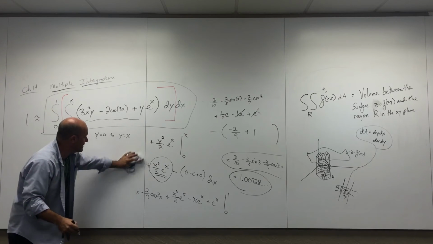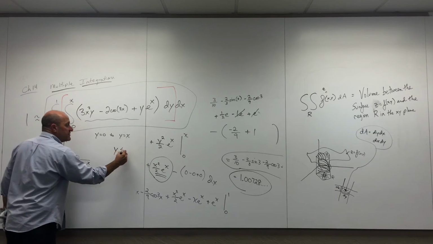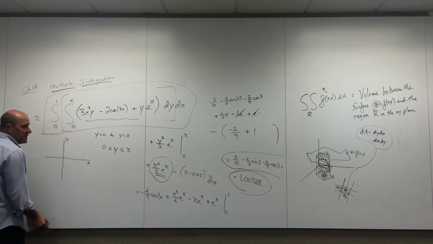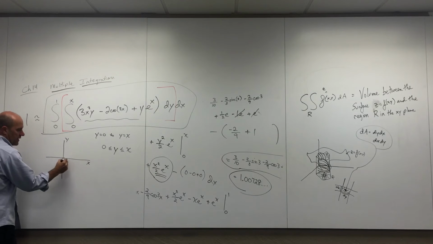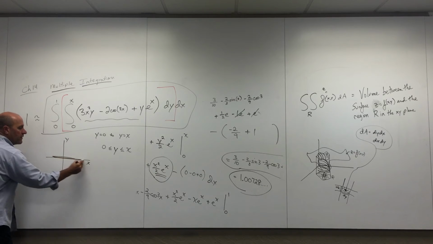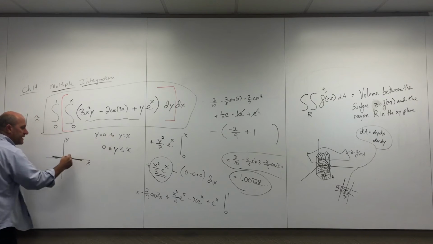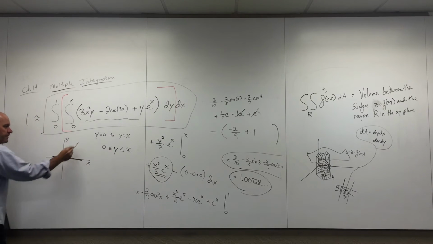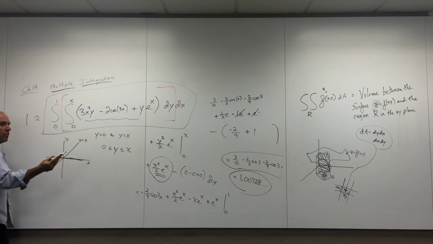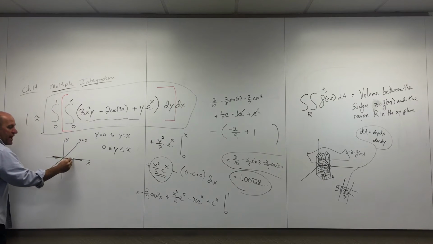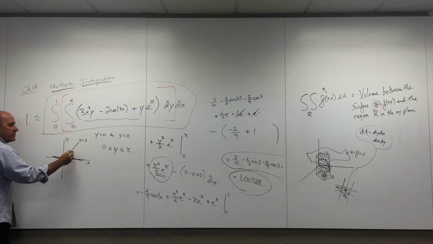Another way to state that is the variable y lives between x and 0. Well, first of all, let's draw y equals 0. Y equals 0 is this. Okay, sorry. Let's draw y equals x. Y equals x is this. All right, so the bound y goes from y equals 0 to y equals x.